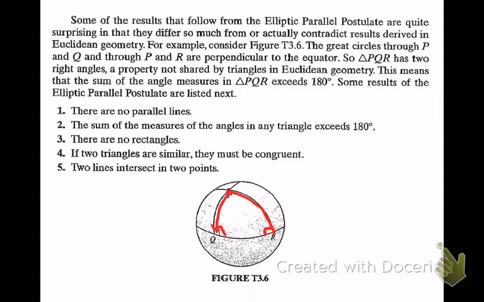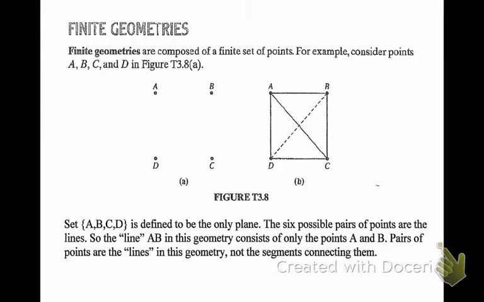So these 2 lines on this sphere here intersect at P, but they would also intersect down here somewhere at the bottom, right, if they went all the way around. Any questions? All right.